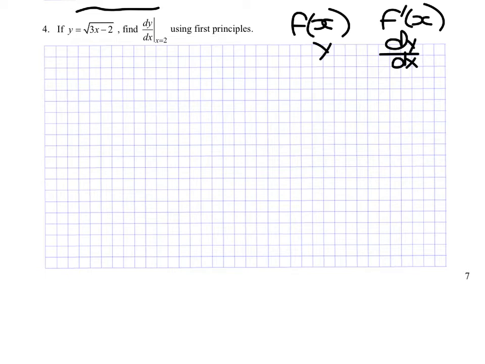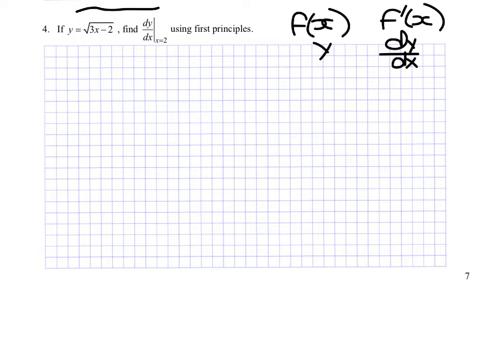You're differentiating y, finding the derivative in terms of x. So we still use pretty much the same formula, but with a slightly different notation.